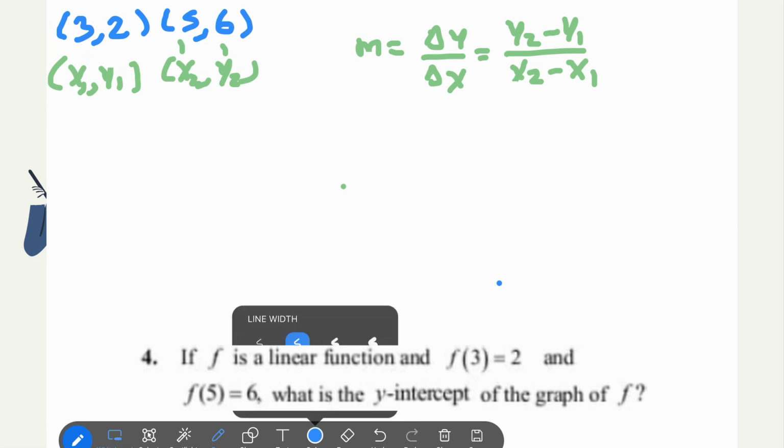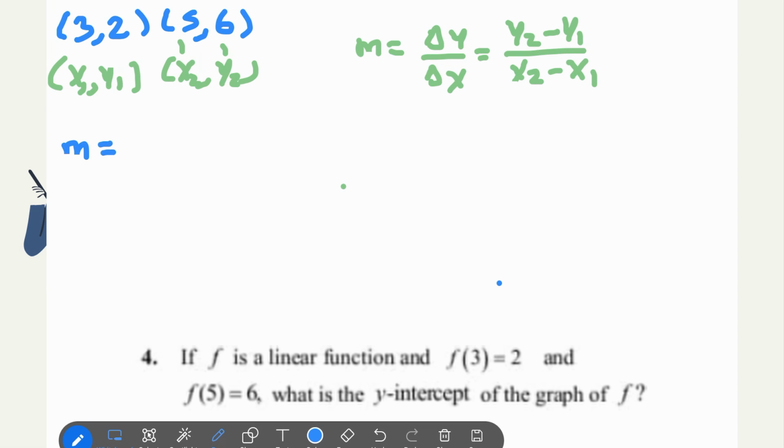Now we can actually plug in the numbers and we will have the slope being equal to 6 minus 2 divided by 5 minus 3, that is 4 divided by 2, and finally we know that our slope equals 2.